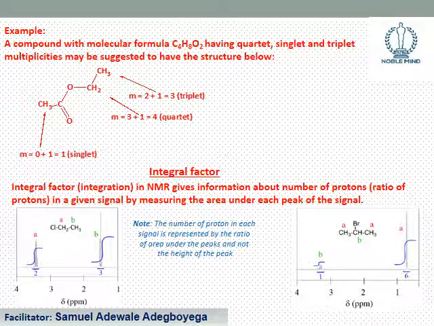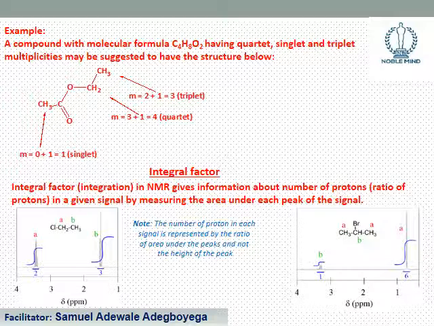I'm talking about signal splitting now. Environment B is neighbor to 2 protons, so it's being split by 2 protons. 2 plus 1 will give you 3, so you have a triplet, 1, 2, 1.